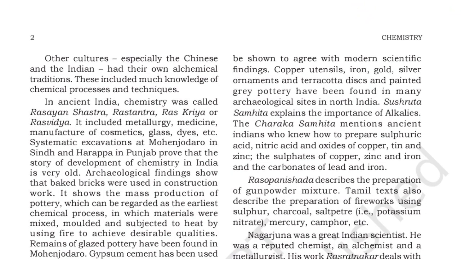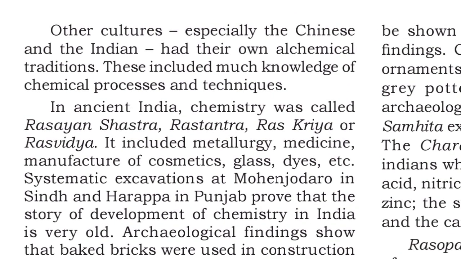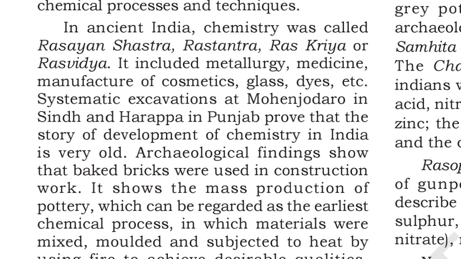Other cultures, especially the Chinese and the Indian, had their own alchemical traditions. These included much knowledge of the chemical processes and techniques. In ancient India, chemistry was called Rasayan Shastra, Rastantra, Raskriya or Rasvidya. It included metallurgy, medicine, manufacture of cosmetics, glass, dyes, etc.